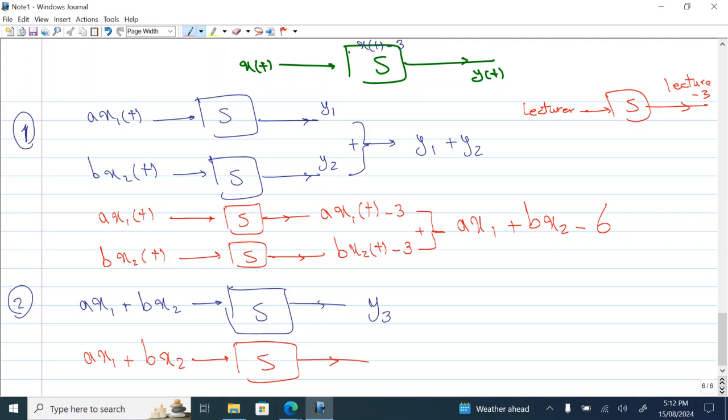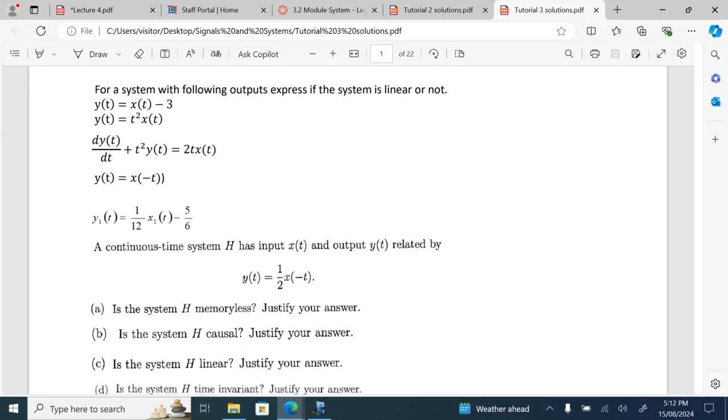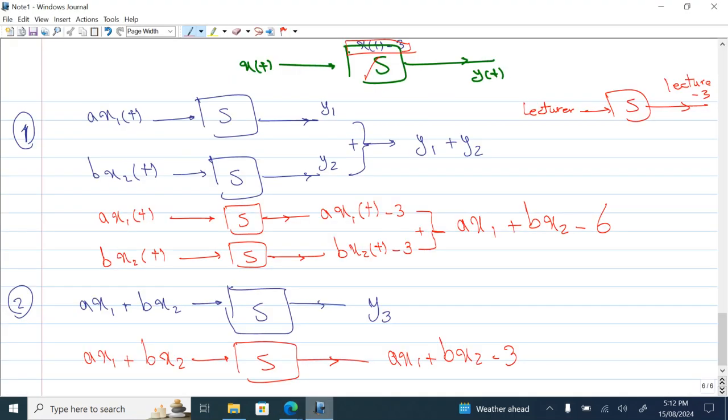So I keep whatever I sent minus 3. Remember? That's what the system does: x(t) minus 3. It's what the question's telling me. Output is x(t) minus 3. That's what your system does. Now, it's time to check. Are these equal? No. Then this is not linear.